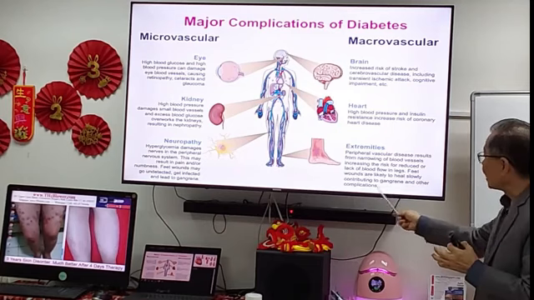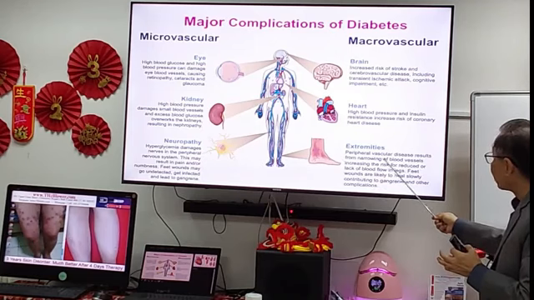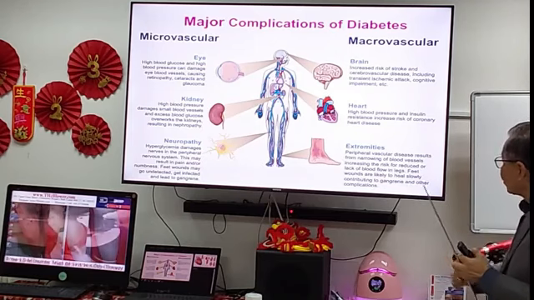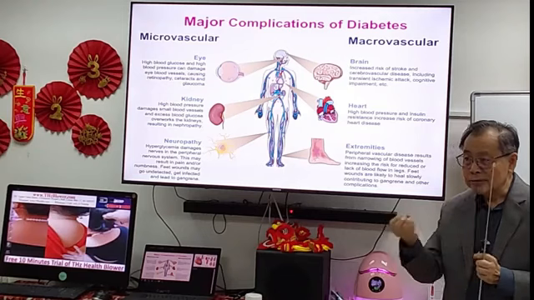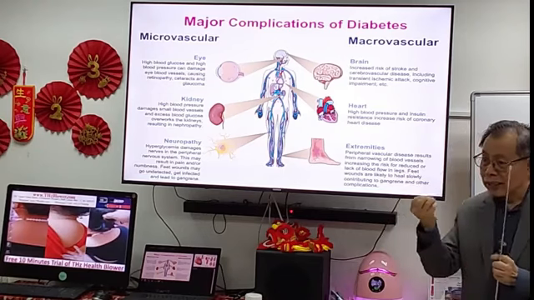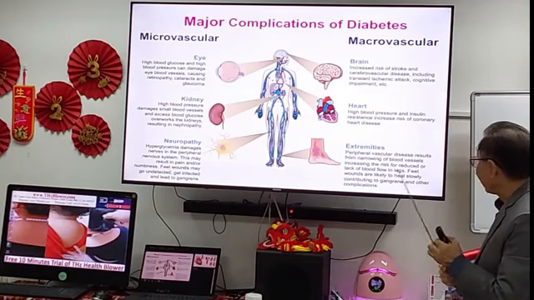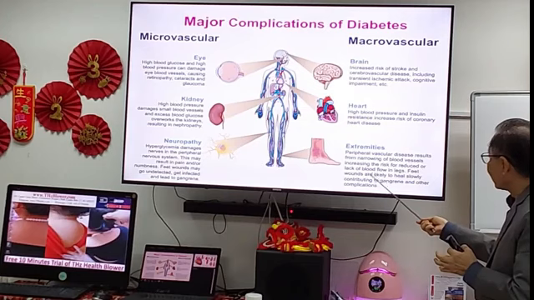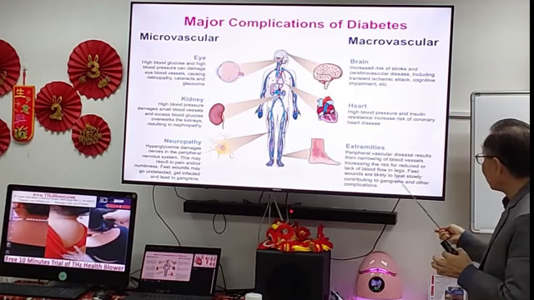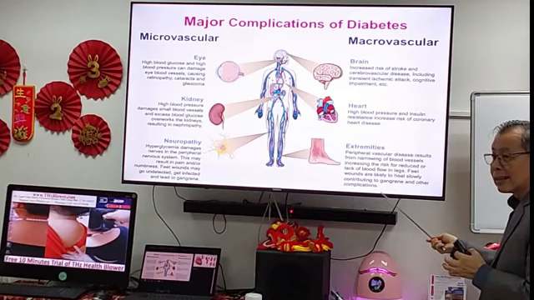In the extremities, particularly in the legs, narrowing of blood vessels increases the risk of lack of blood flow, because in the blood vessels there's a lot of resistance and they may even die out, completely blocked. So in the feet, wounds heal very slowly and contribute to gangrene. I'll say more about this later on.